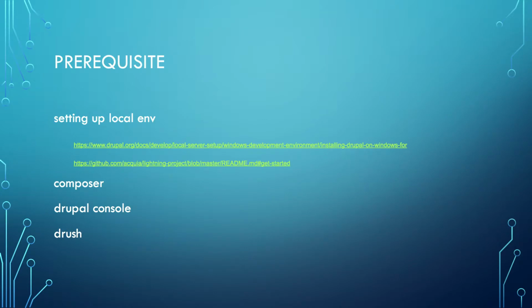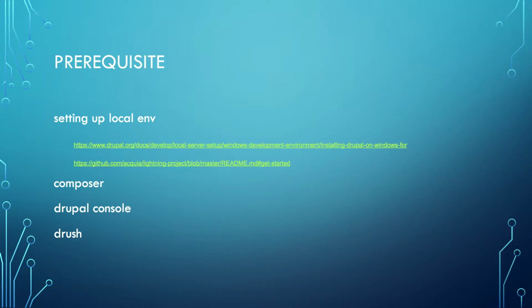Before I go to create the custom modules and all the rest, I'm assuming that you have experience setting up your local environment. I'm going to use a lot of commands like composer. It's a lot quicker, and Drupal 8 recommends using composer, so you should require all the modules with composer require.